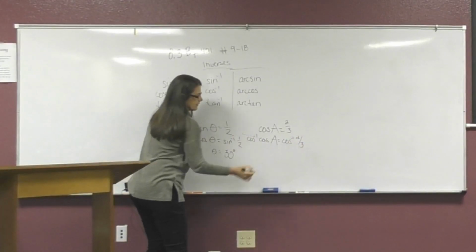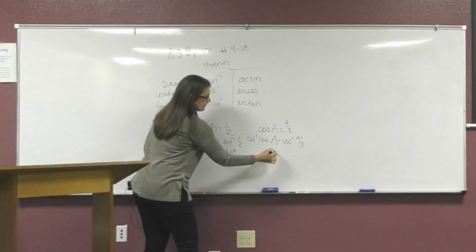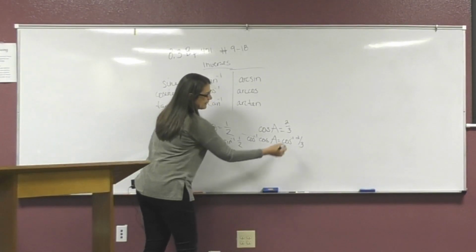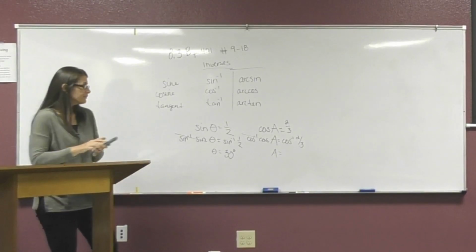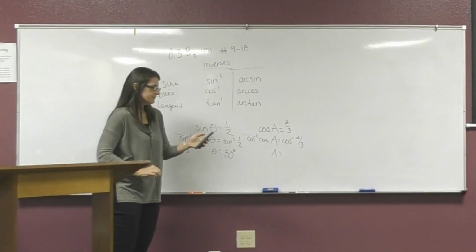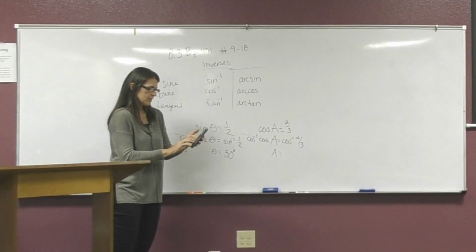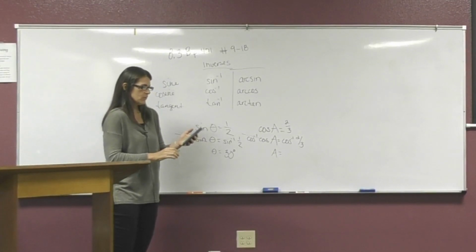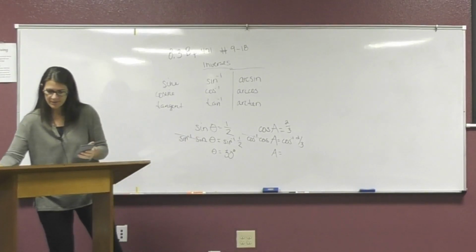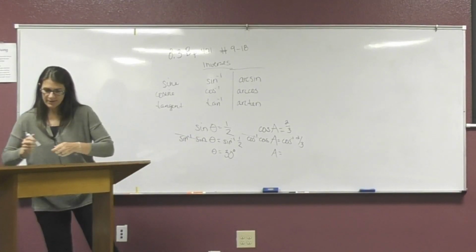So that eliminates that. And then I got to punch that into my calculator, right? So shift cosine, and then I just punch in 2/3. I hit equals. All right, so this is a decimal.